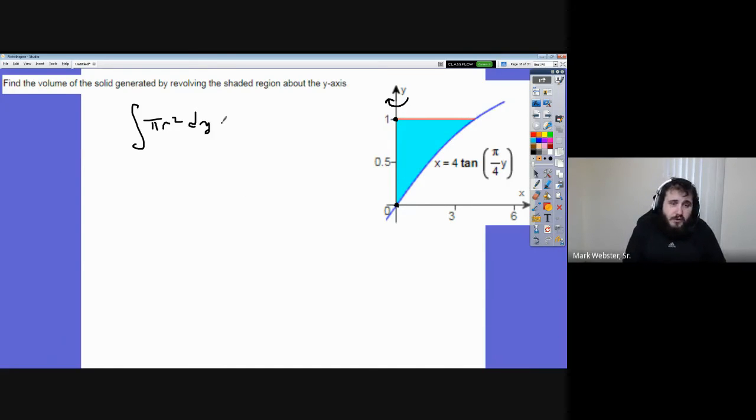All right, so this one can feel a little tricky, especially if you don't remember some of your trig identities. We're squaring this, so this 4 is going to be squared and come outside. I'm going to put 16 pi on the outside just to make the inside less ugly, because this is tangent squared, right?